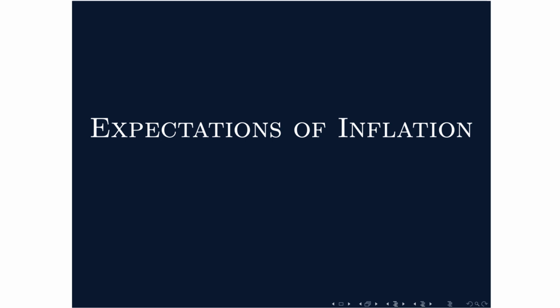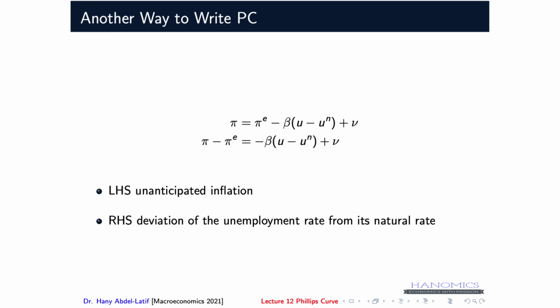Then we ask another question: if we already know how that helps us understand the relationship between the inflation rate and the unemployment rate, we need to think about how people form their expectations. What changes the expectations of different economic agents, how are these expectations formed, and how is that translated into a change in the Phillips curve, or in the relationship between the inflation rate and the unemployment rate.